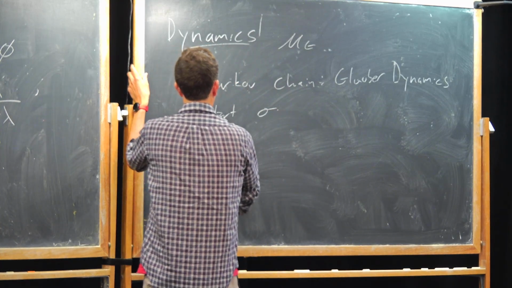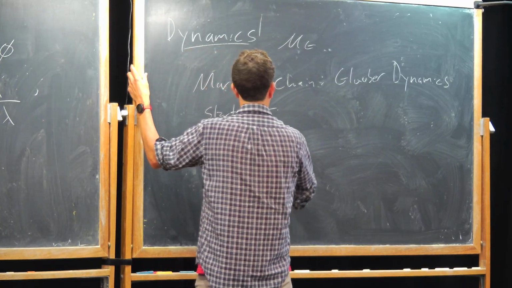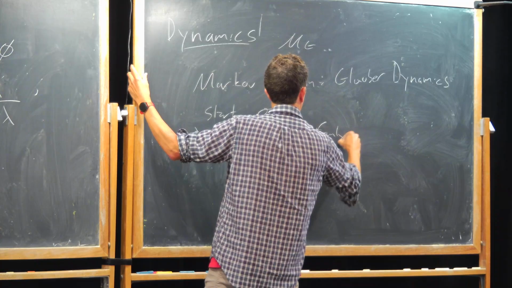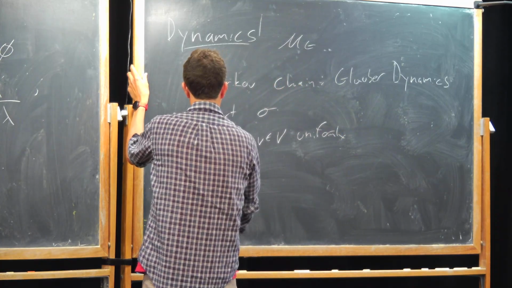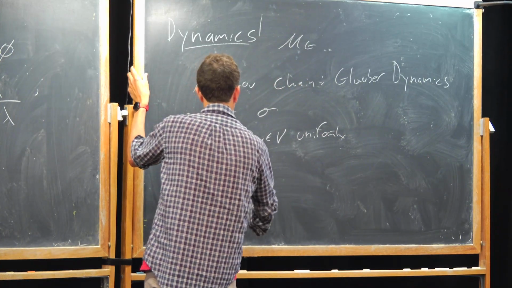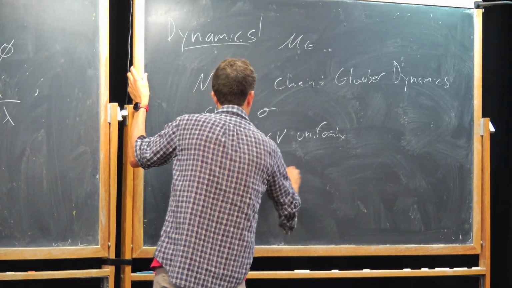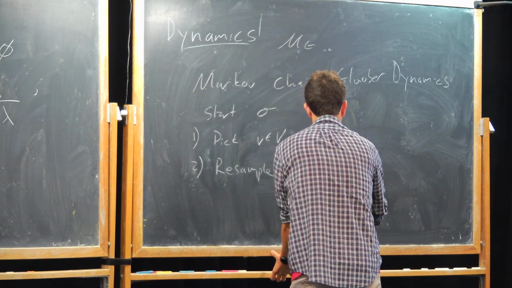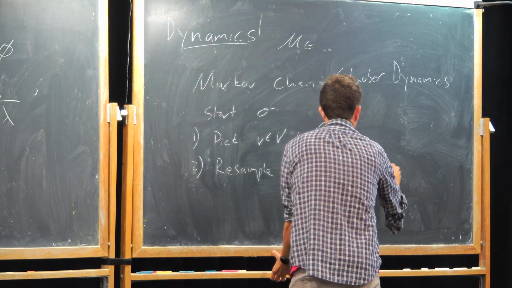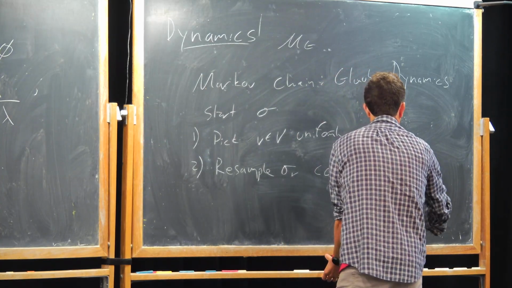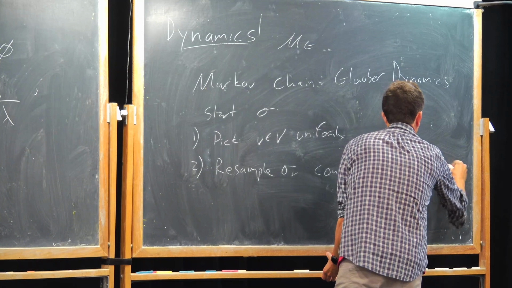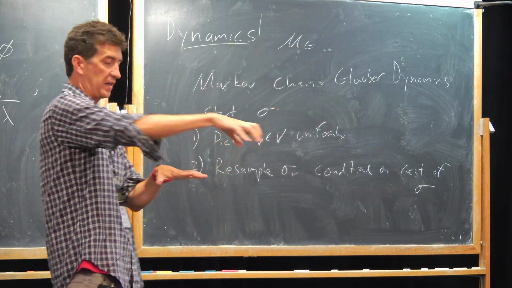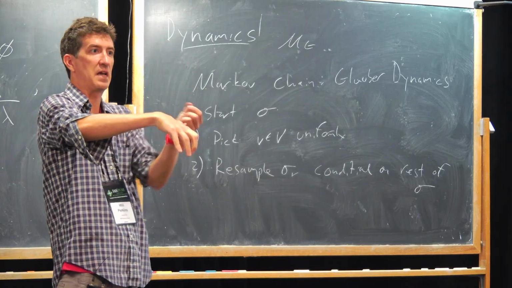I pick a vertex at random, and then I just resample the spin at V conditioned on everything else. So I fix all the other spins and I just resample that one spin.